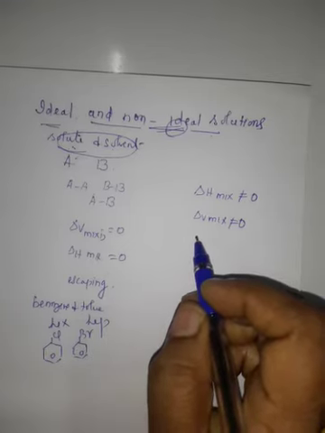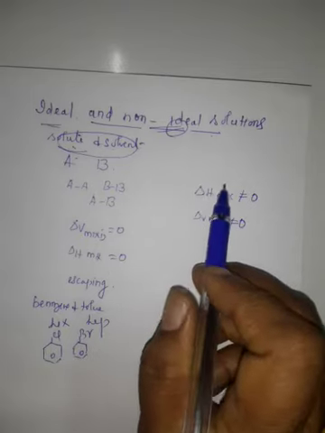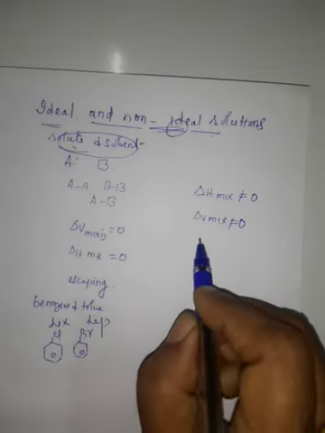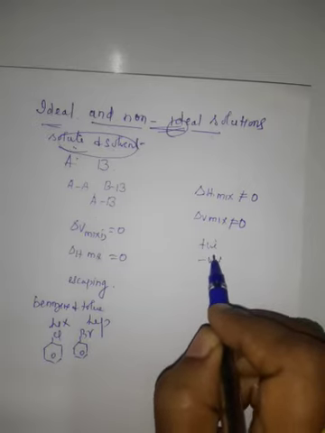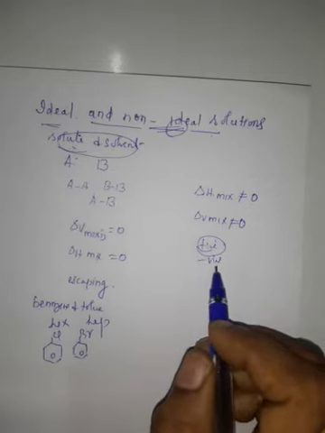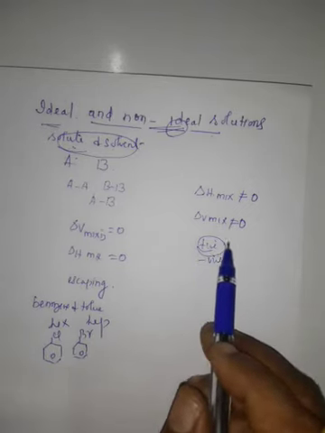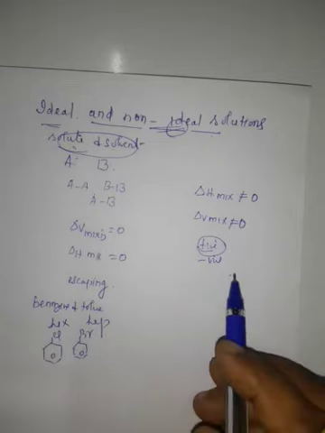The non-ideal solution deviates from the ideal, and the deviation can be either positive or negative. That is called positive deviation and negative deviation from Raoult's law.